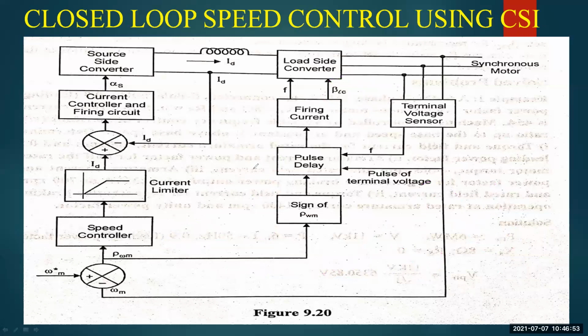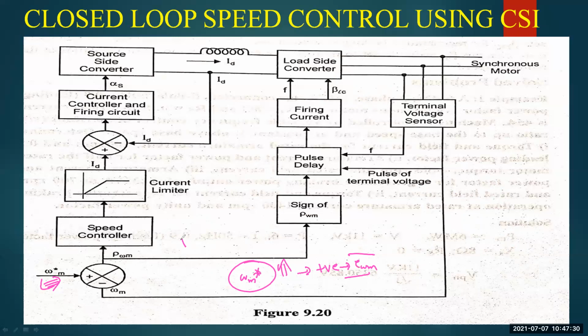By increasing the reference speed omega m star, it produces a positive speed error, EW omega m. Omega m star is more than omega m, so that is why it produces a positive speed error.